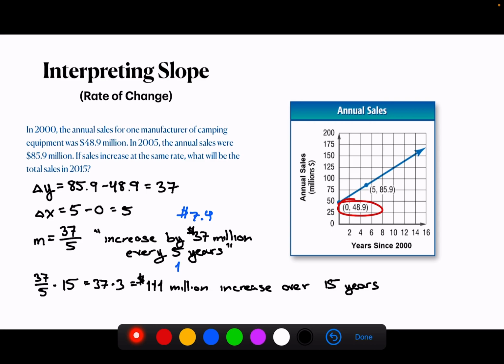So now let's actually find this answer. We're going to say the total sales is going to equal, and we're going to take that first number, 48.9, and add it to our 111 million.